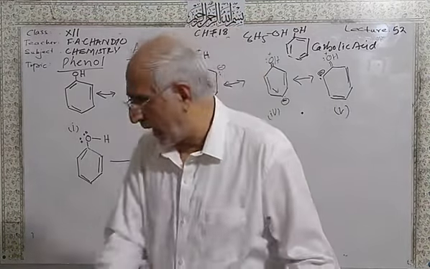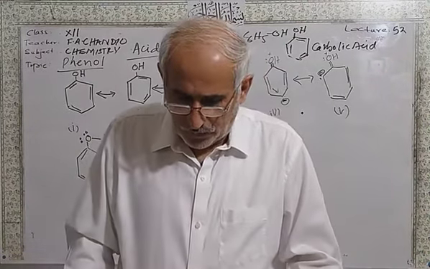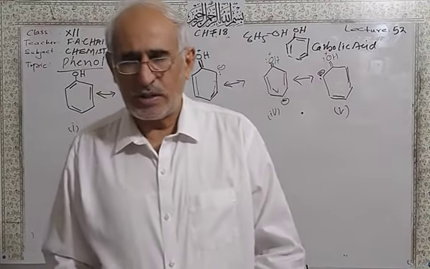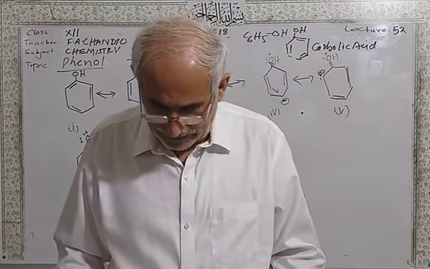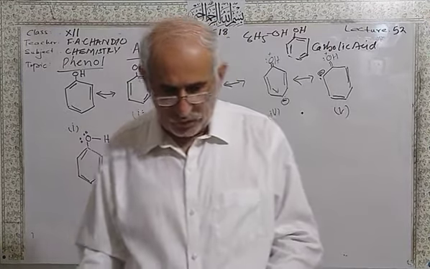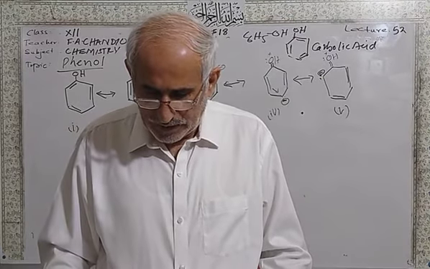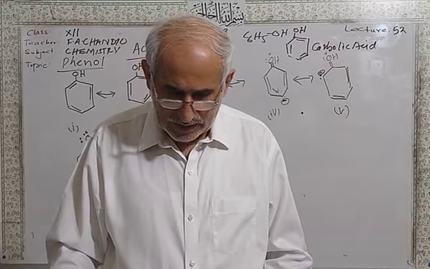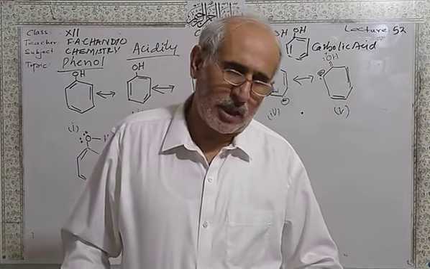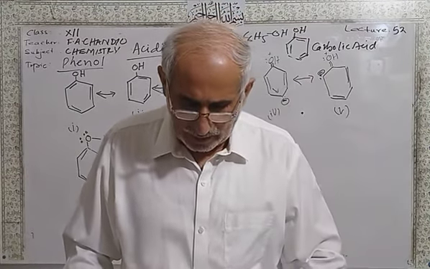The negative phenoxide ion, formed after release of the proton from the oxygen and hydrogen present in phenol, is more resonance stabilized than phenol, since there is no possibility of delocalization of negative charge in the alkoxide, that is, in alcohol. When the hydrogen is removed, you have the alkoxide ion.